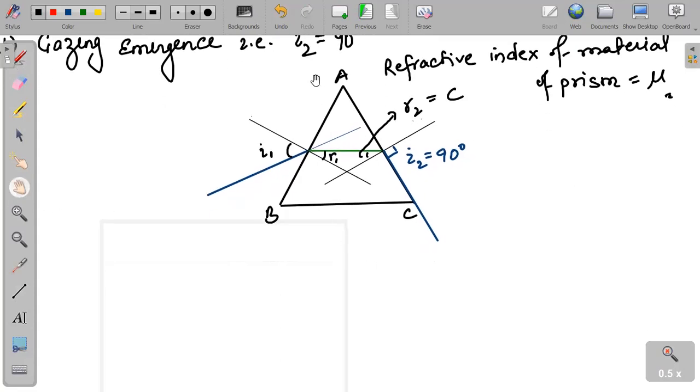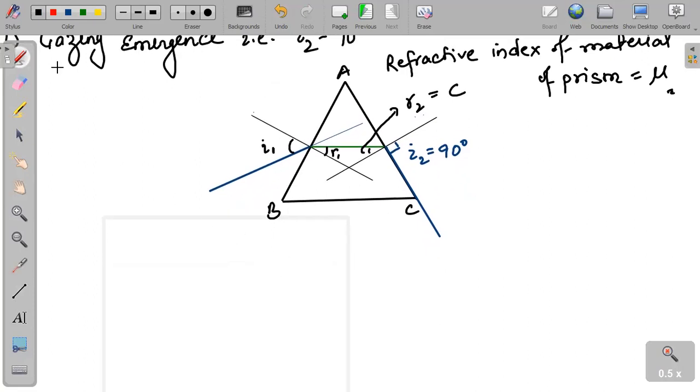The relationships simple हैं. सबसे पहले phase 2 at phase AC, ठीक है. Angle of incidence क्या है R2, right? और angle of refraction क्या है I2. रे इधर से इधर जा रही है.